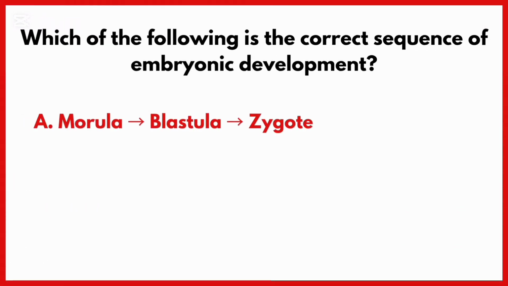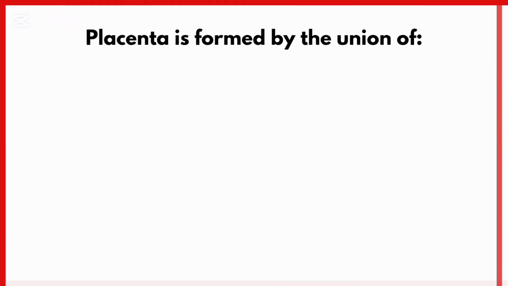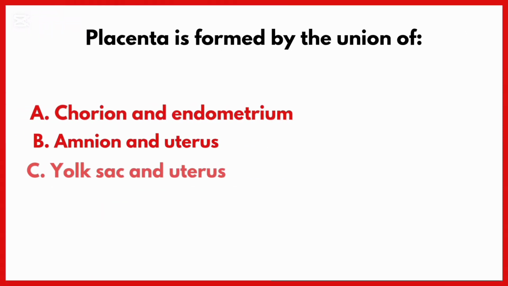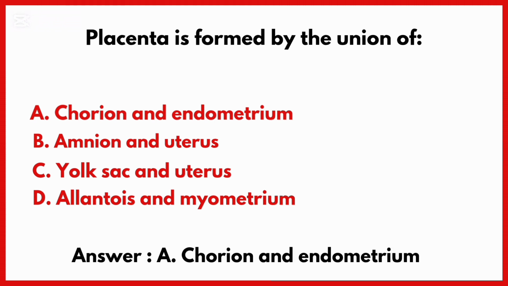Which of the following is the correct sequence of embryonic development? Correct answer is option C. Placenta is formed by the union of. Correct answer is option A. Chorion and endometrium.